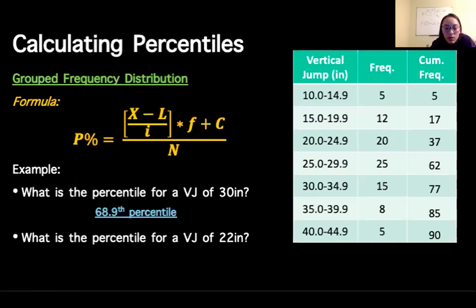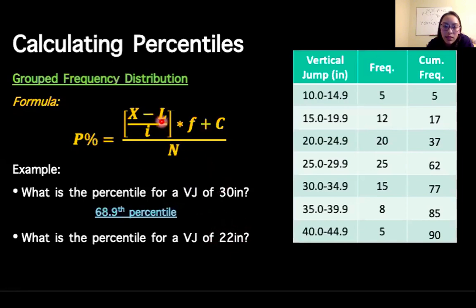So let's do one more. If we were calculating the percentile for a vertical jump of 22, I won't write it so that you guys can kind of follow along, but if you want to write it on a piece of paper, feel free. So what would X be in our equation? 22, because that's the x we specified in the question.